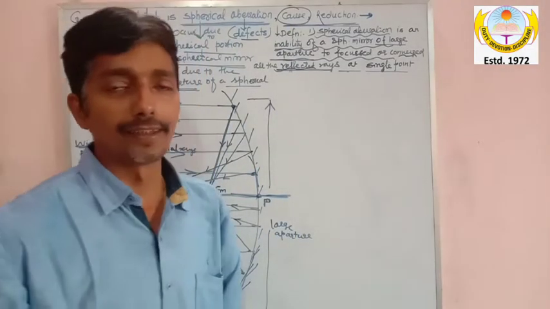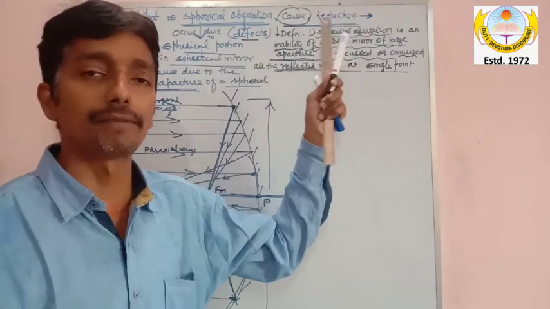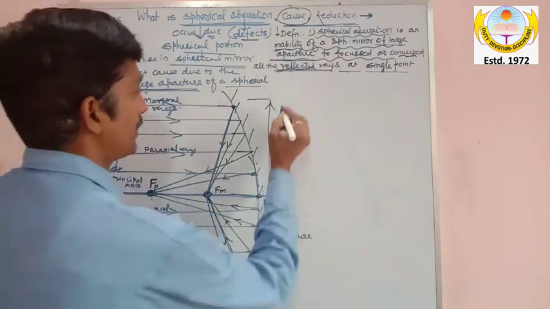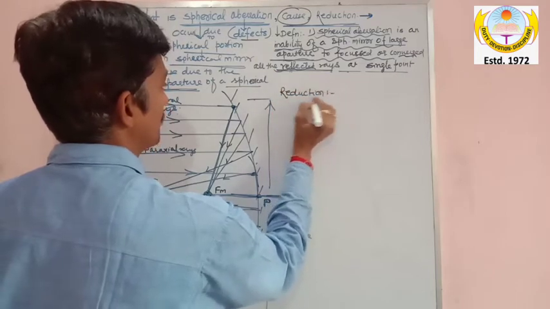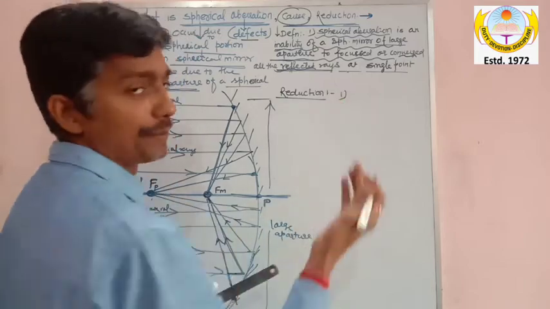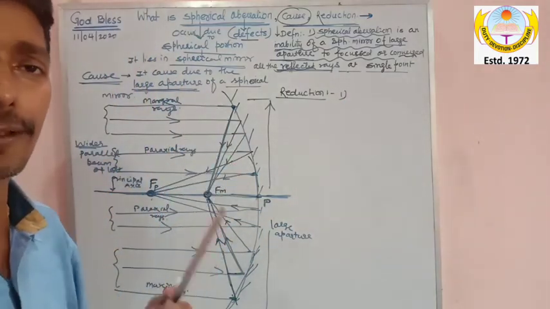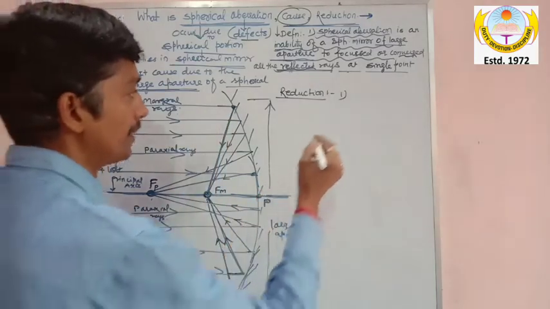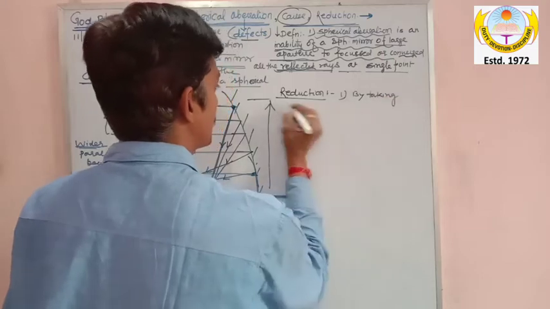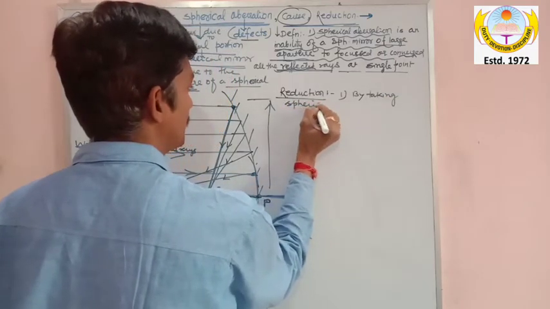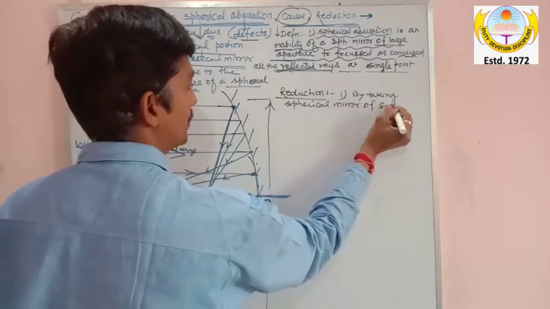My dear, let us discuss how to reduce the spherical aberration. In the reduction, the very first point: I have already told you that this occurs due to large aperture. So the first way to reduce it is to take a spherical mirror of small aperture.